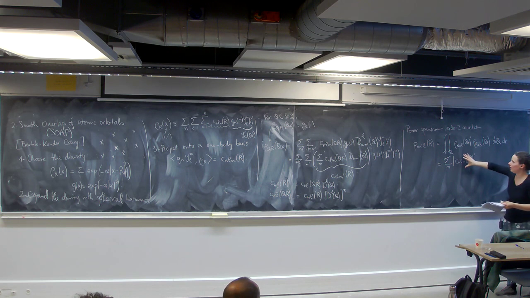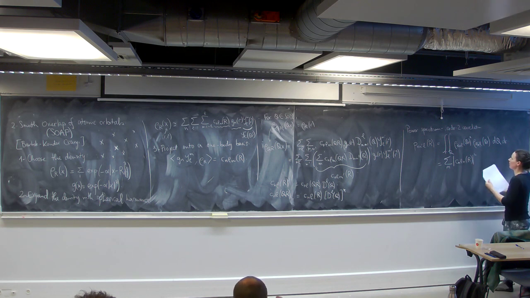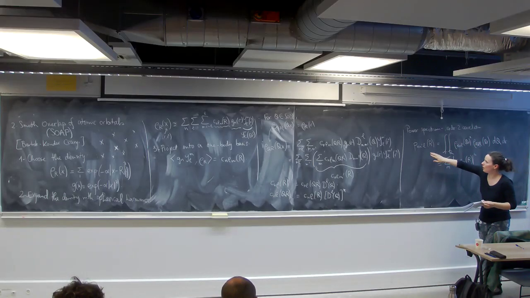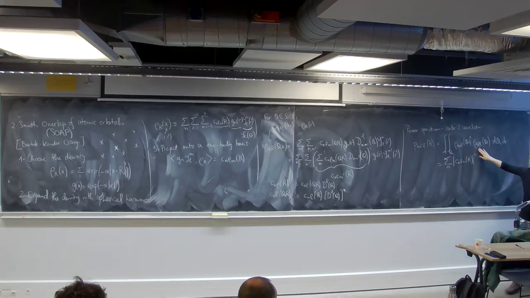And here there is some kind of a problem, which is that, sorry, this was an n prime. Even though you have n prime here, when you integrate out, you only get that n and n prime have to be the same.